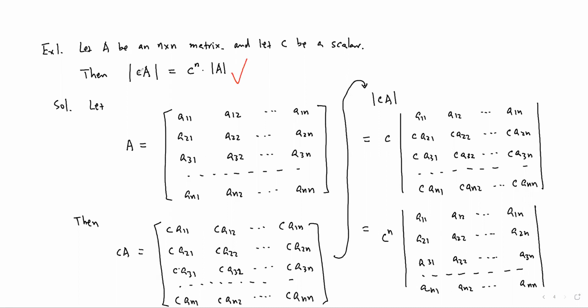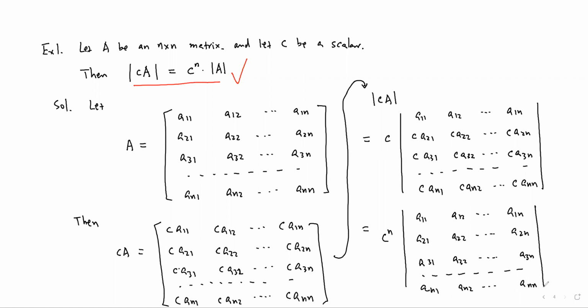A number times a matrix, then take determinant, is C to the n, where n is the size of the matrix, times the determinant of matrix A. We have this formula.